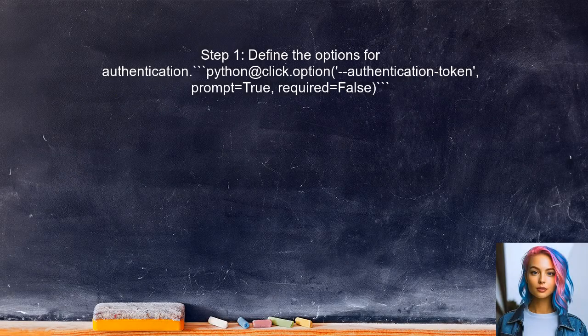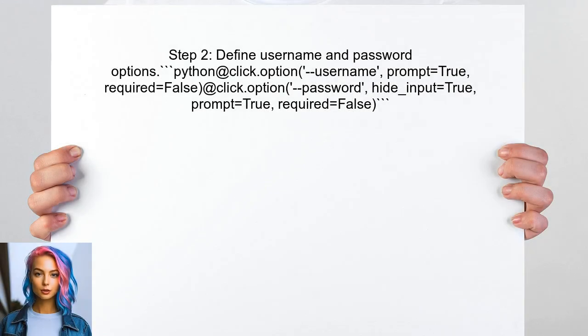To implement the required behavior in the Click command line interface, the user should start by defining the options for authentication. The first option will be the authentication token, which is optional. Next, the user should define the username and password options. These options will be set as required, but we will control their requirement based on the presence of the authentication token.